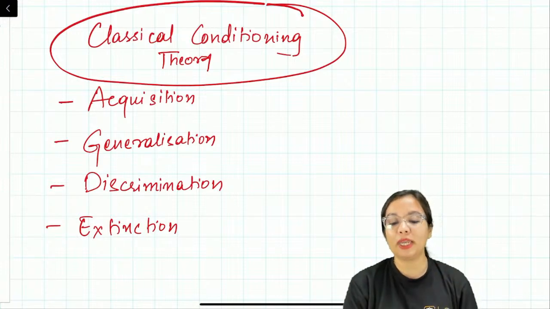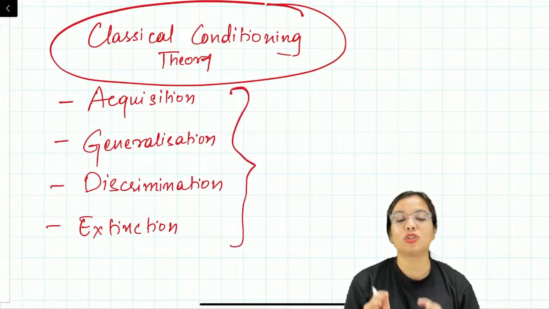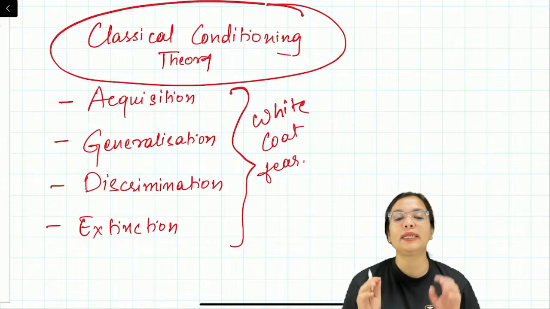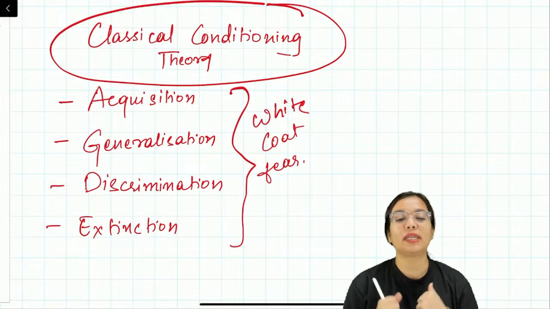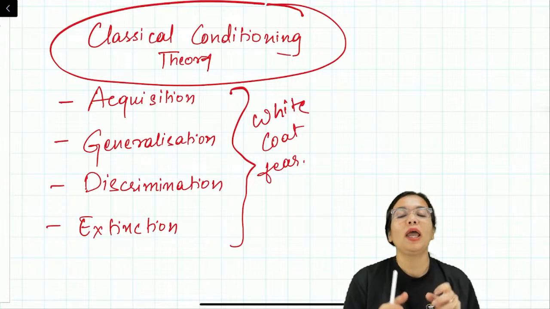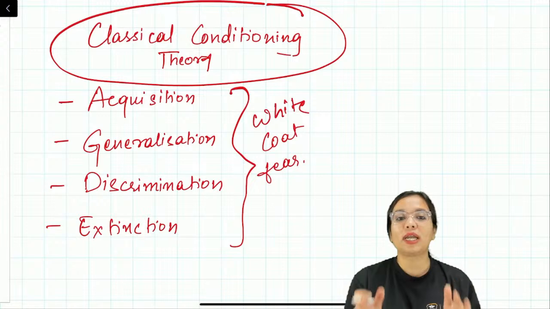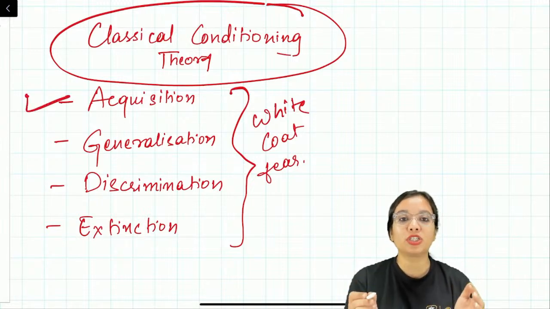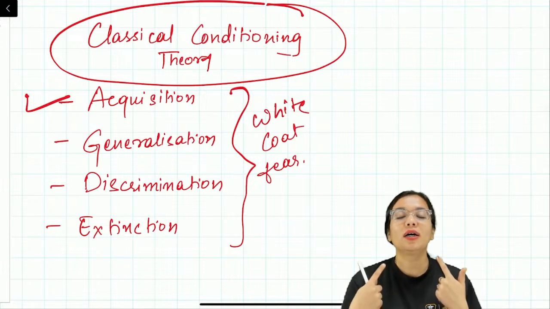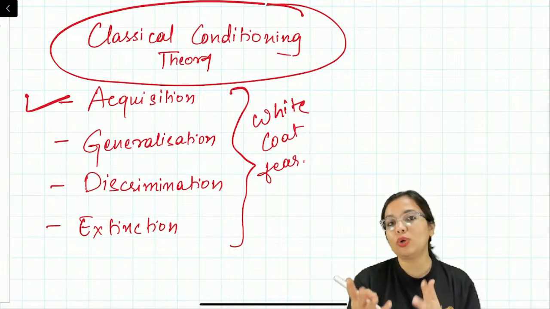So let me explain all of these four steps based on the white coat fear. For example, a child went to a dental clinic and saw that the dentist is wearing a white coat, a white apron, and is hurting people, giving injections, and running a very scary drill in the mouth of the people. So the child acquired new information that a person with a white coat is causing pain to other people.